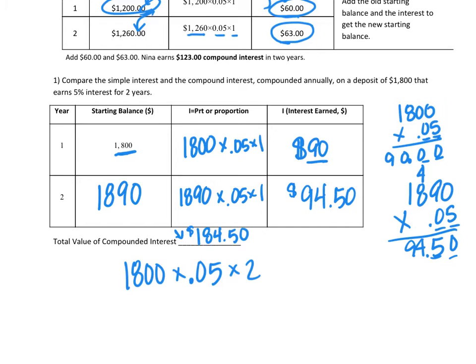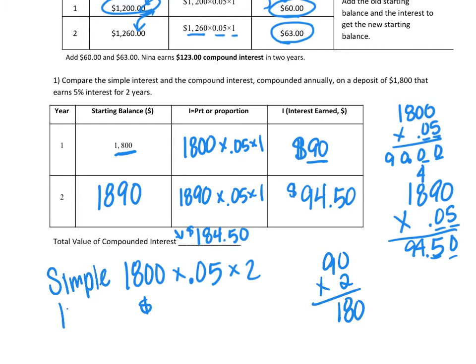We already did that 0.05, so that's 90. 90 times 2 is 180. So simple interest would be $180.